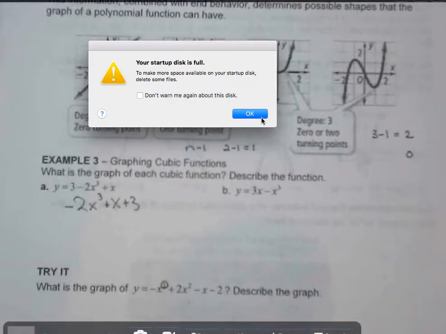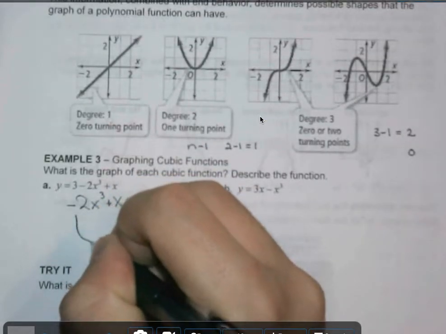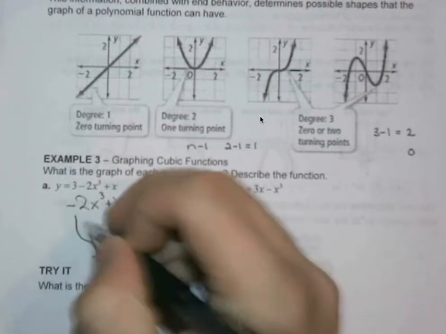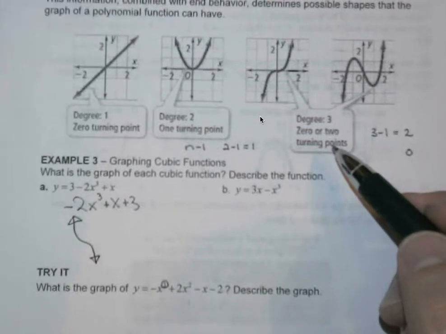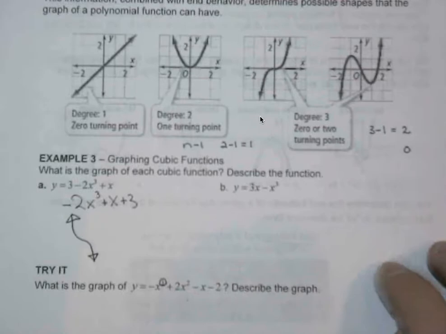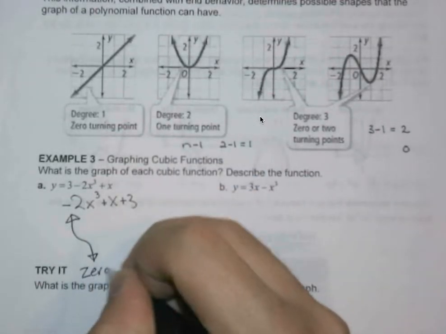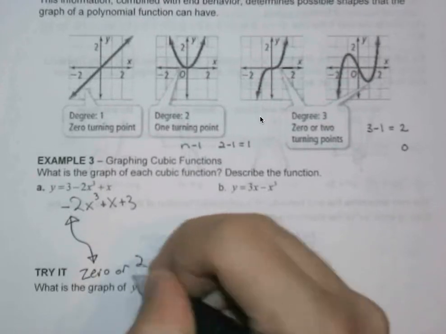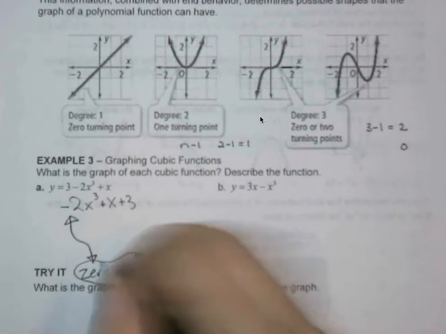So just based off of the visual, we know that this would be rising to the left, but going down. We know that since this is degree 3, there are going to be 0 or 2 turning points. So that's what we know. So this has either 0 or 2 turns. We'll soon be able to dictate exactly how many there are.